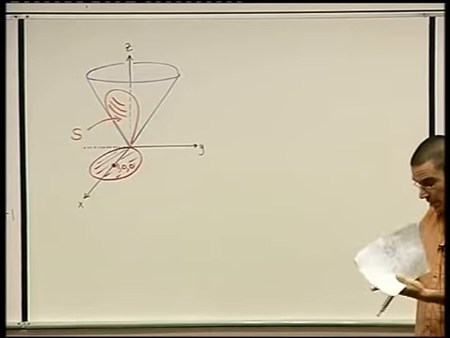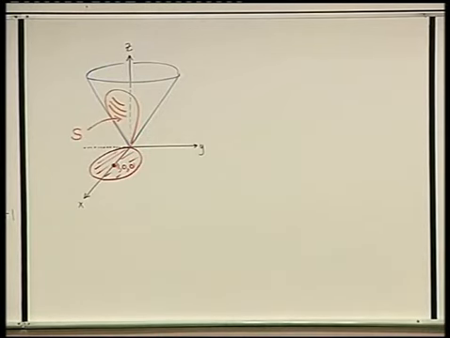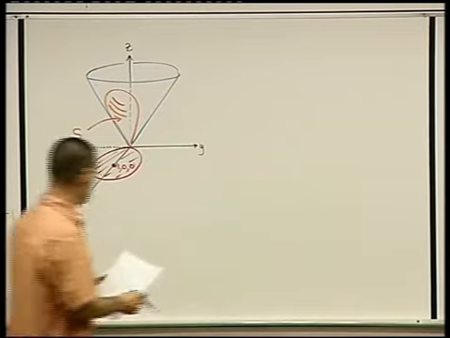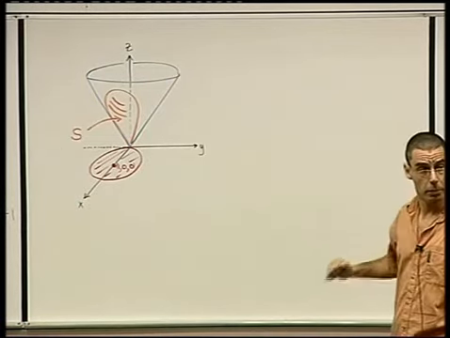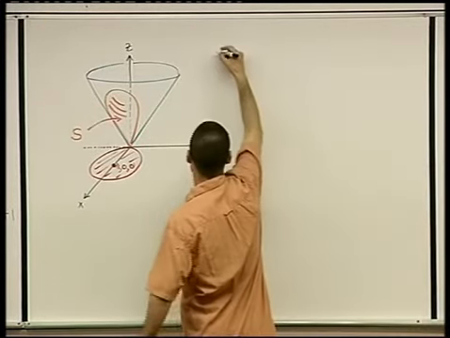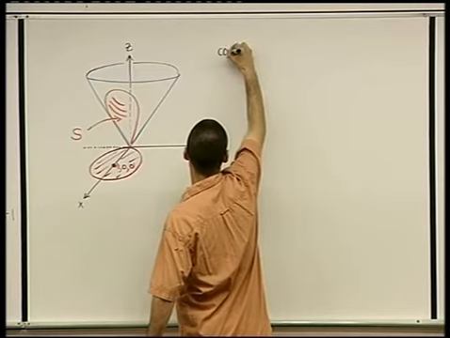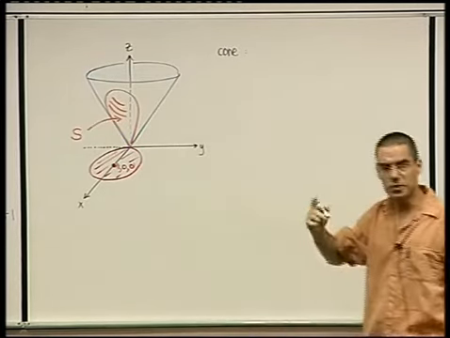Good? Okay, so let's put all these colors aside and let's see if we can parameterize this. So, first of all, let's parameterize the cone, the blue. Okay, so the parametrization of the cone, we used u and v.